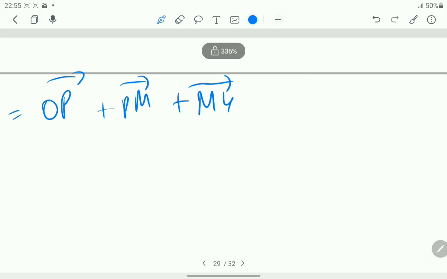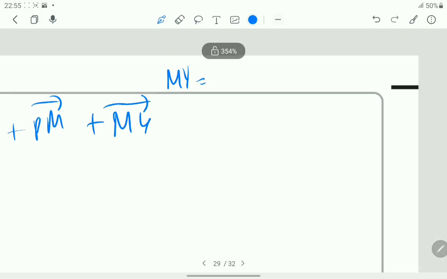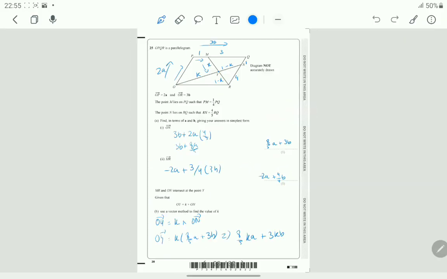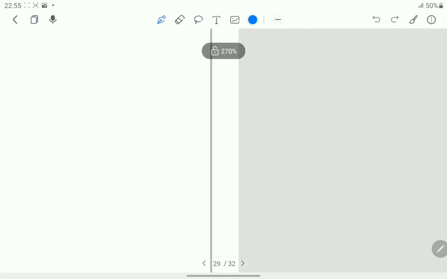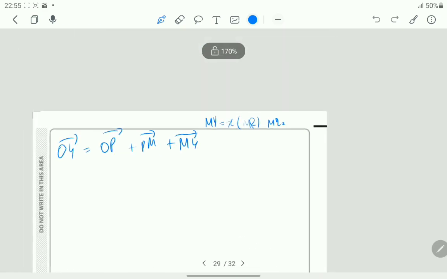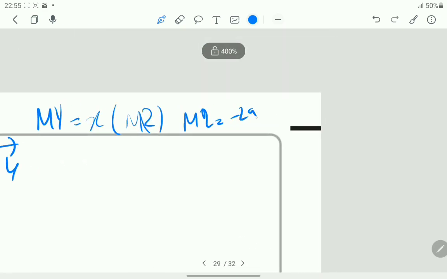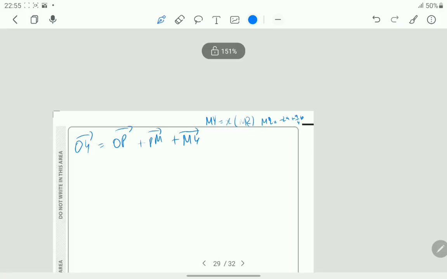and MY, as we know, is x of MR, and MR is actually the answer of the second part, minus 2a plus 9/4 b, minus 2a plus 9/4 b. So just remember this.